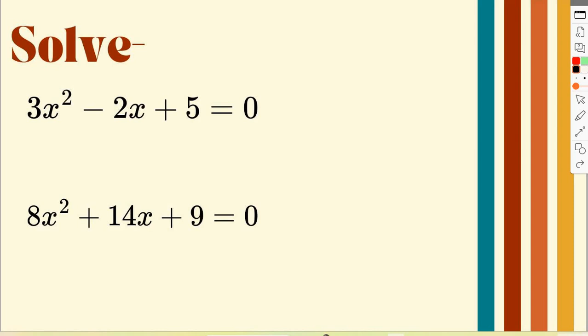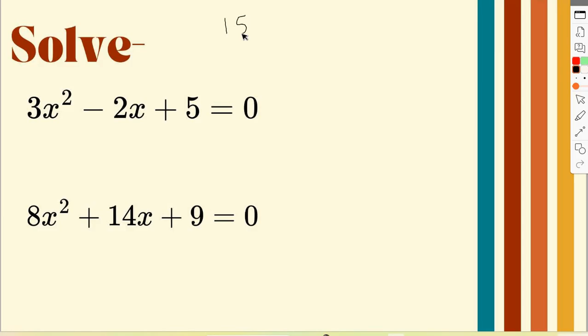We factored them, right? Okay. So remember we use our AC method. So I have 3 times 5 gives us 15. So what multiplies together to give me 15 that adds together to give me -2? -5 plus 3 would give me -2.